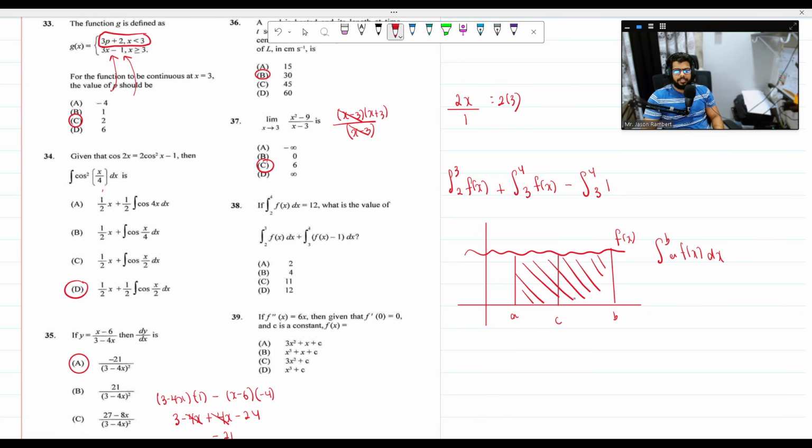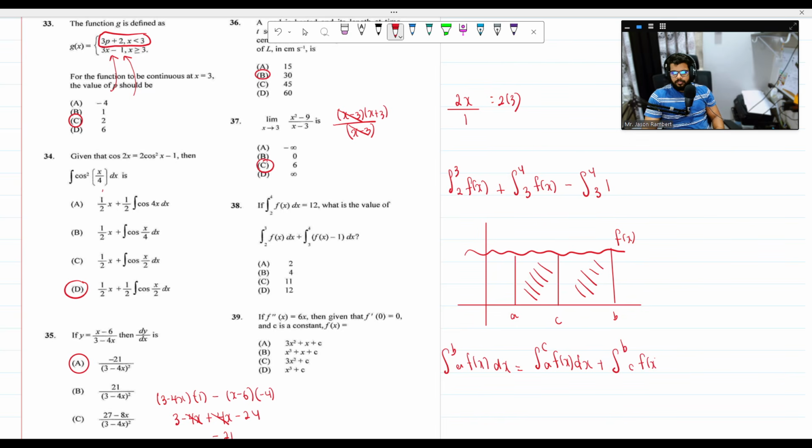That's how I calculate that area. I can also split up that area as this area plus this area. So this integral is actually equal to the integral between a and c of f of x dx plus the integral between c and b of f of x dx.